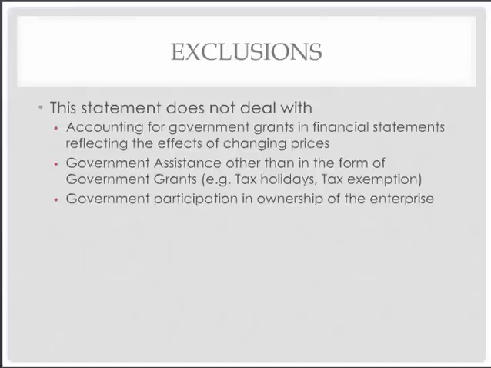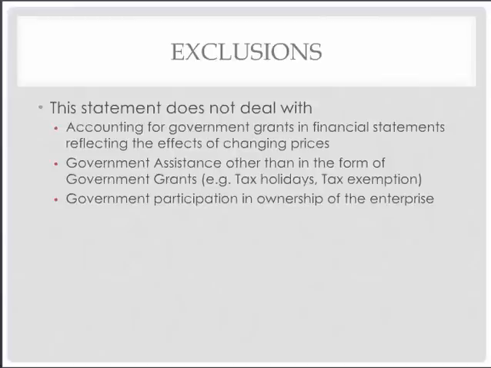Secondly, Accounting Standard 12 does not cover any government assistance other than government grants. That is, it does not cover tax holidays, tax exemptions and similar items where it is neither a direct monetary grant nor a non-monetary grant. It is a general benefit to the overall industry or all the companies.